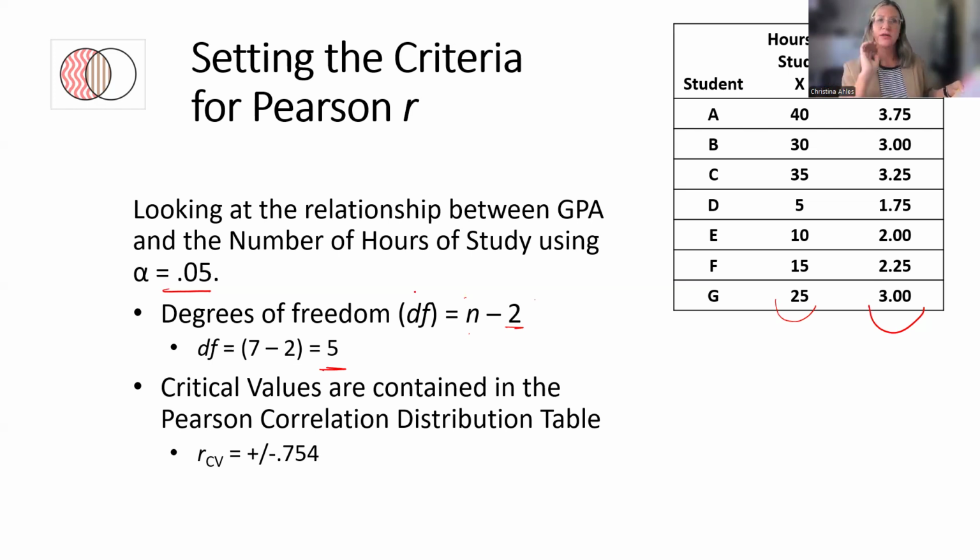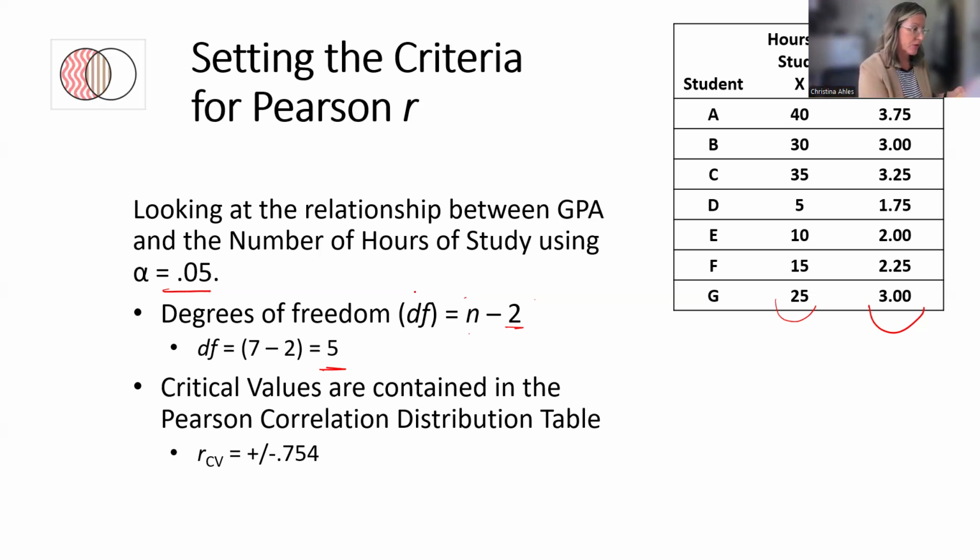So if we're going to use a two-tailed test, a 0.05 two-tailed, you're going to look specifically in the area where it says level of significance for two-tailed. At the very top you have level of significance for one-tailed, which gives the alpha levels, and then level of significance for two-tailed test. You're going to use the 0.05 under that.